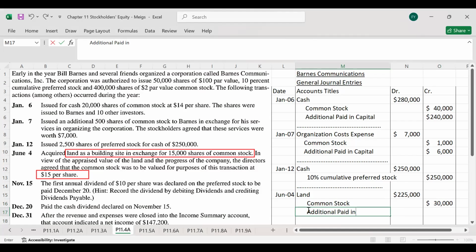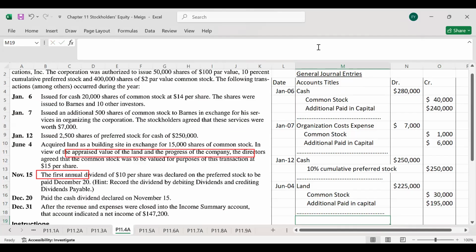There are 15,000 shares issued multiplied by the difference between 15, the market value, and 2, the par value, that is 13. So 13 is the premium, which is $195,000.